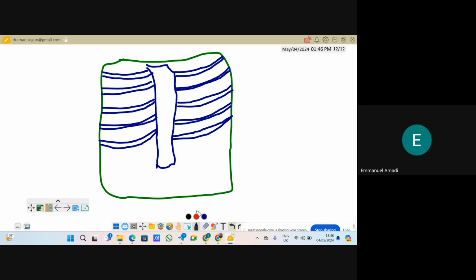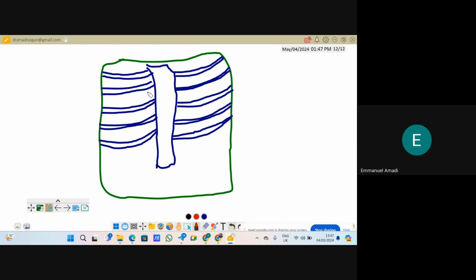Now look at where they are aligned. The first one is this red one. If this is the first rib, this place will be the first intercostal space, because an intercostal space is the space between the ribs. So the first intercostal space will be between the first and second rib. The second intercostal space will be between the second and the third rib.